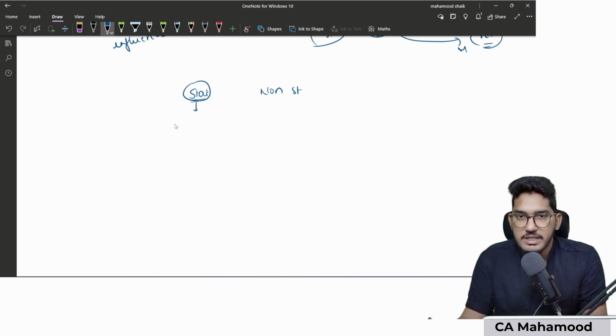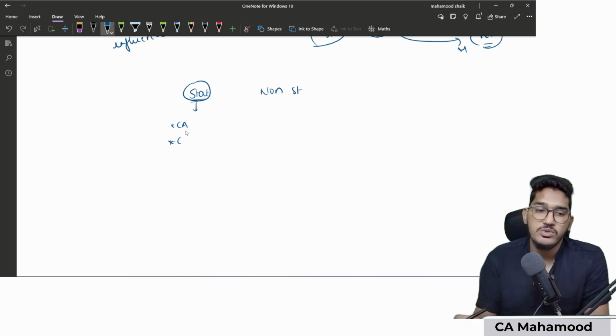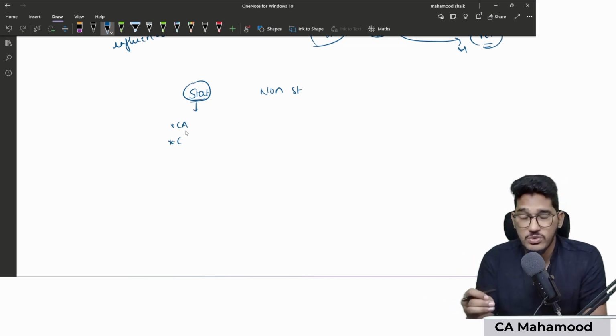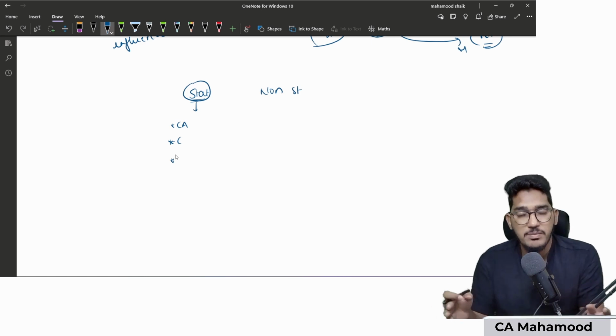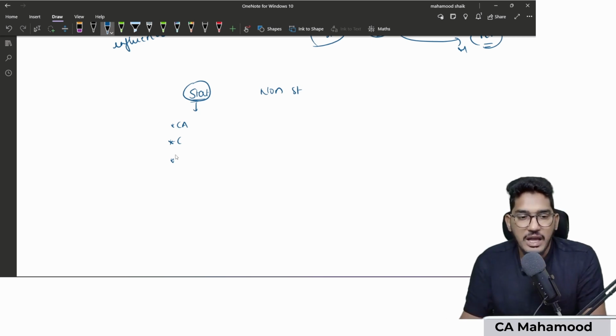Examples: company audit, which is mandatorily required under the Companies Act 2013; cooperative societies audit, which is required under the Cooperative Societies Act; and bank audit, which is mandatory under the Banking Regulation Act. Like that, those audits which are mandatorily required under any law for the time being in force, we call statutory audit.